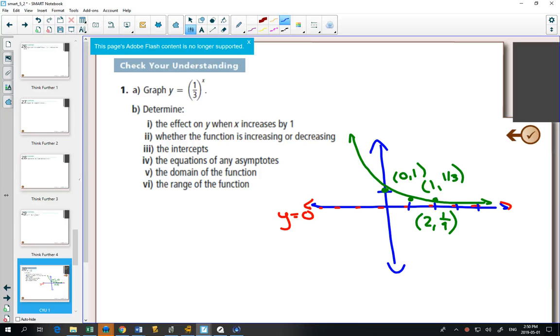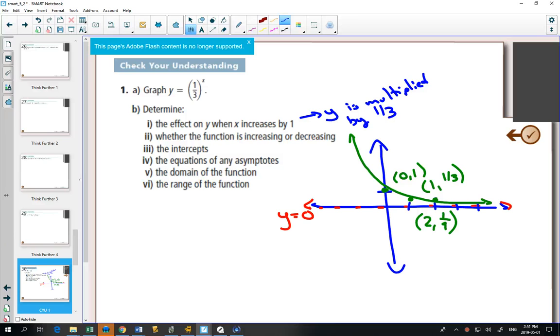In this case, your y value is being multiplied by 1/3. And that's what an exponential function does. It keeps multiplying by the same value over and over and over again.